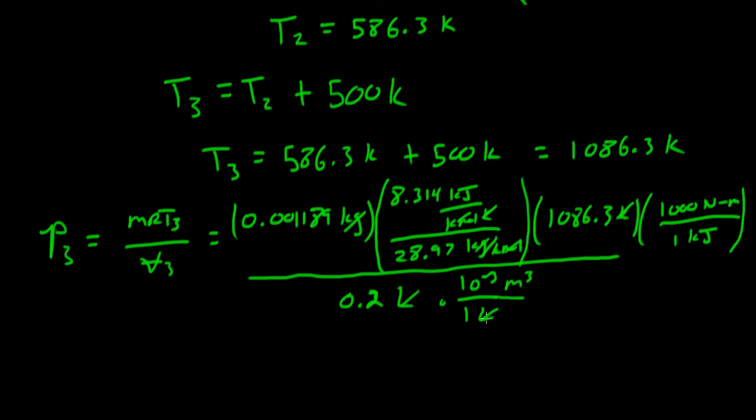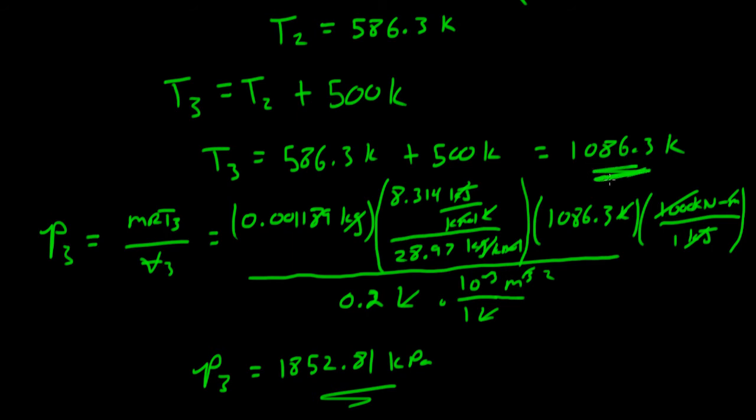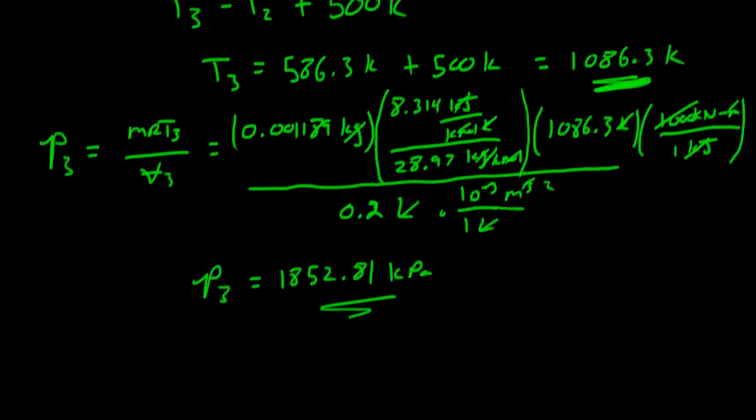Now the liters cancel, the kilojoules cancel, this meters cancels, and you're left with newtons per meter squared. So P3 is equal to 1,852.81 kPa, where I left the 1,000 out and used kilonewtons. A kilonewton per meter squared is a kilopascal. We see that the temperature after combustion is the temperature at which our isothermal power stroke occurs.